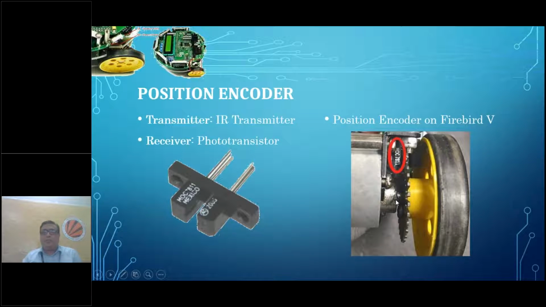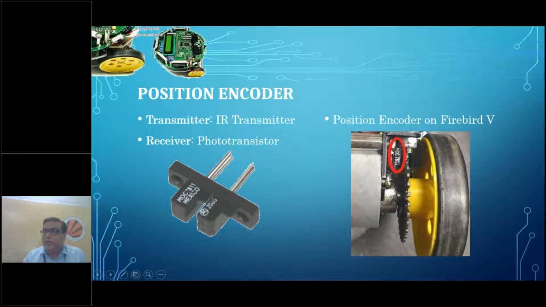Now next is the position encoder. This position encoder is used to identify the position of the wheel at a particular place. You can see here in the wheel there is a plate with grooves, and at this point you can see a chip.